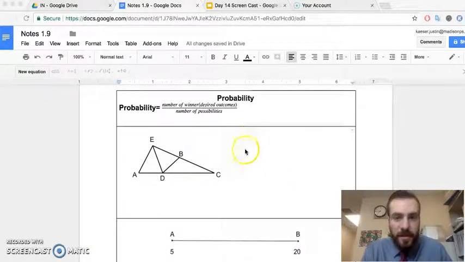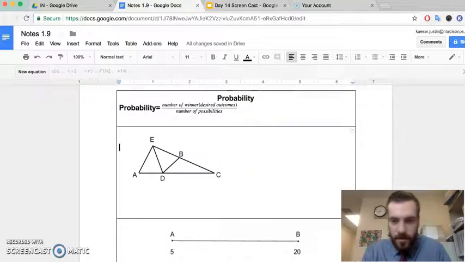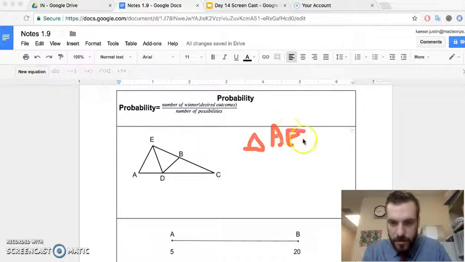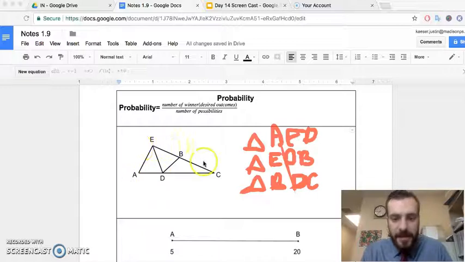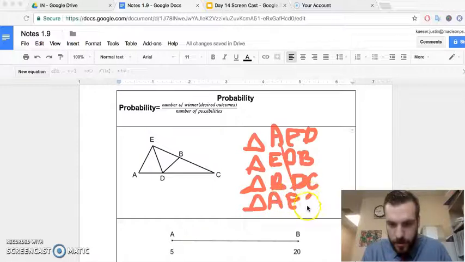Our different triangles are: triangle AED, and then you have EDB, and then you have triangle BDC, and then you have triangle AEC, and then last one, we have triangle EDC.